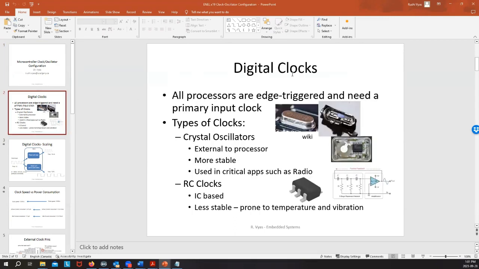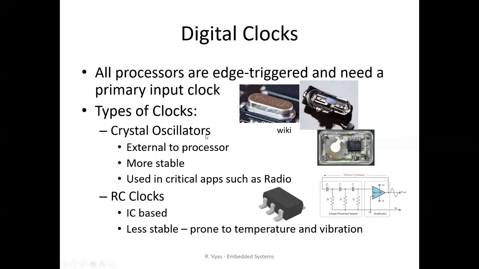You have different types of digital clocks. And one thing to know is that all processors are edge triggered and need a primary input clock. So what do I mean by that?